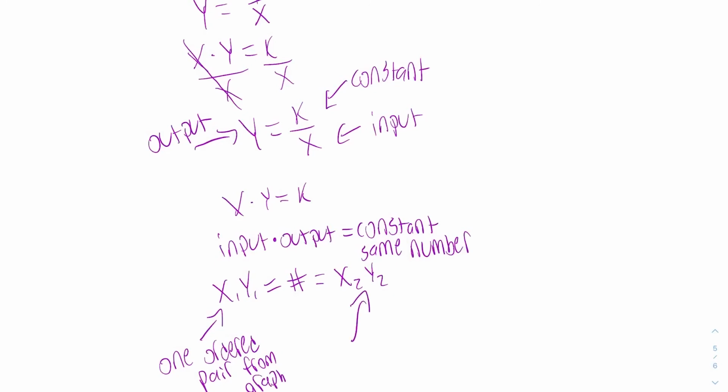This is another ordered pair. Any other ordered pair. Because these two things will give the same number as their output, we can just ignore the number for the output. We don't really need that k, and we can say that x1 times y1 will be equal to x2 times y2.